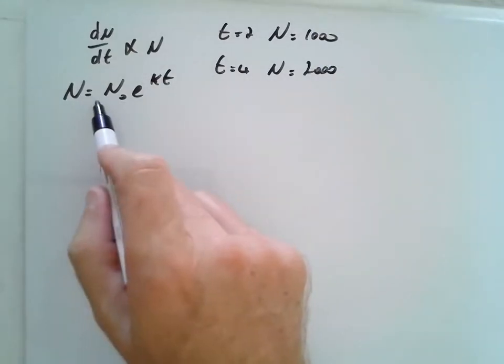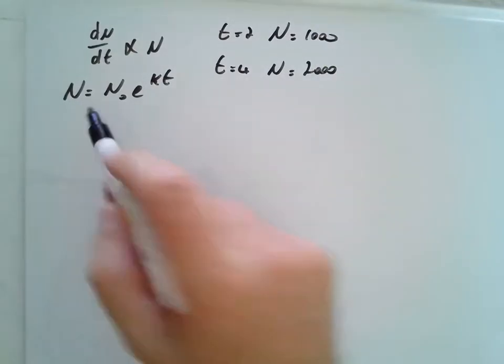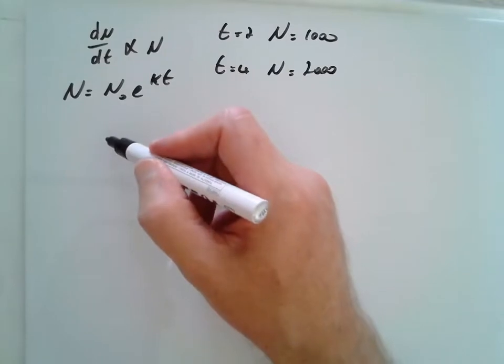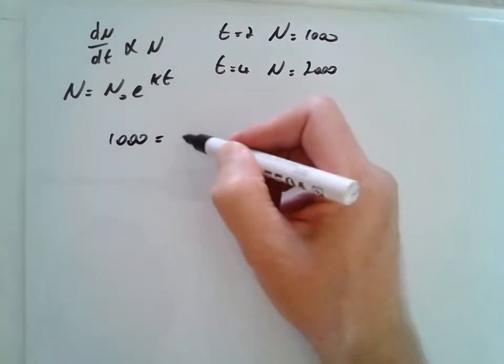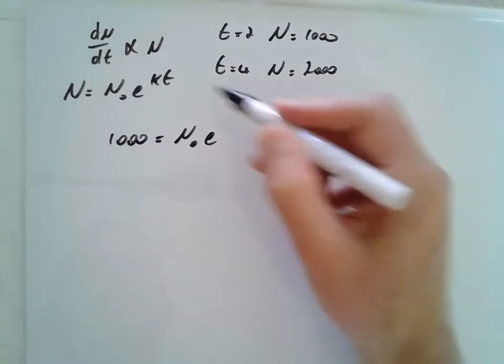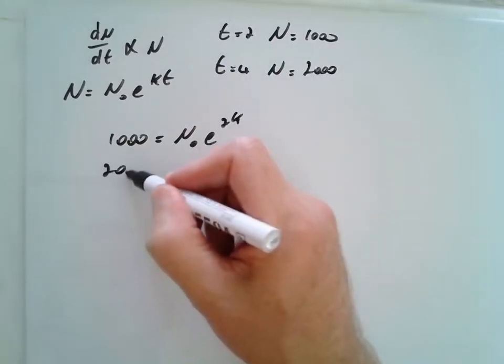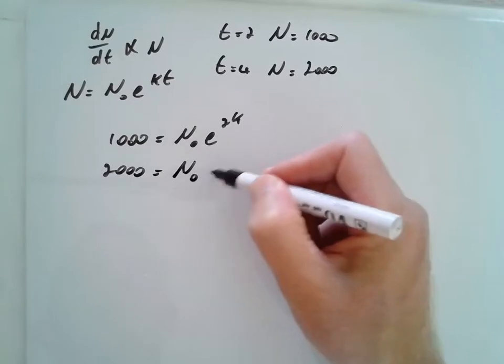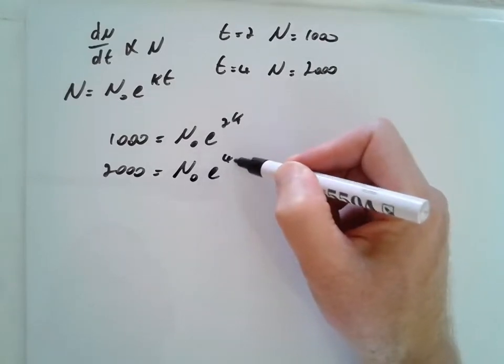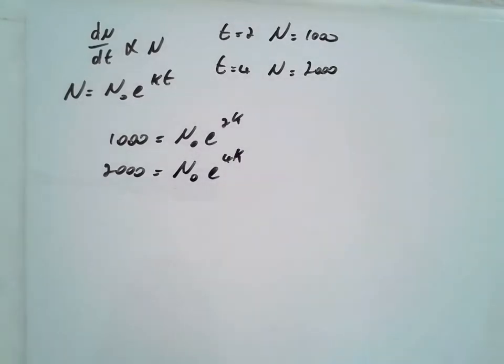So we're going to put straight into this equation that when N is 1,000, t is 2, and when N is 2,000, t is 4.